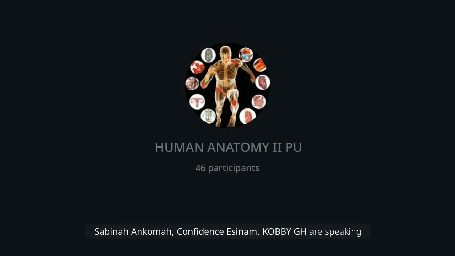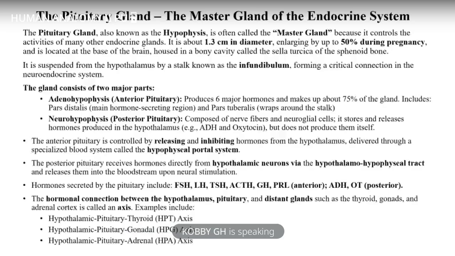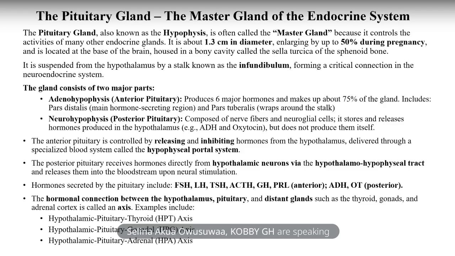Is that okay? And you know the pituitary gland has two anatomical divisions, the anterior pituitary and the posterior pituitary. Now, because the anterior pituitary is connected to the hypothalamus through a blood vessel, we call it the adenohypophysis gland. Say adenohypophysis gland.